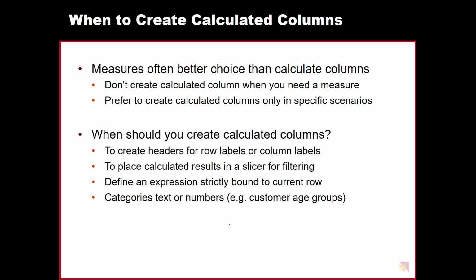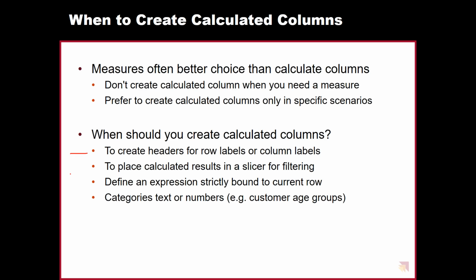Calculated columns are always evaluated when data is loaded in. So there's nothing you can do in a query that's going to change the value of a calculated column. So in general, we should use a measure unless one of these cases is true. Now I want to go down these bulleted points below here.